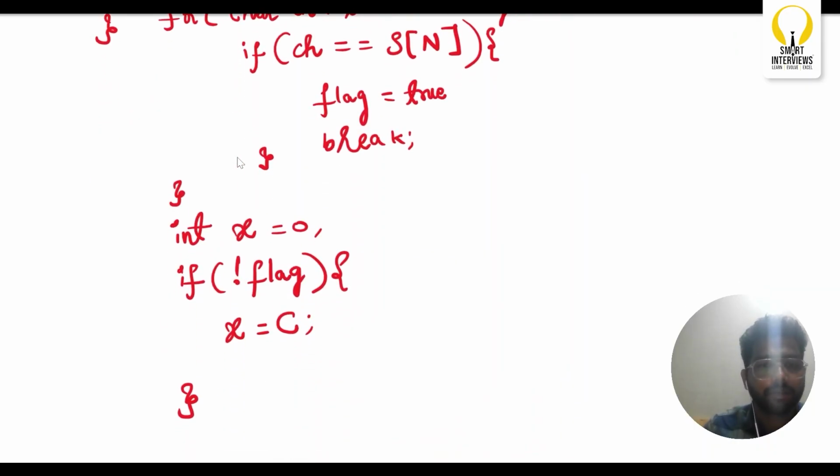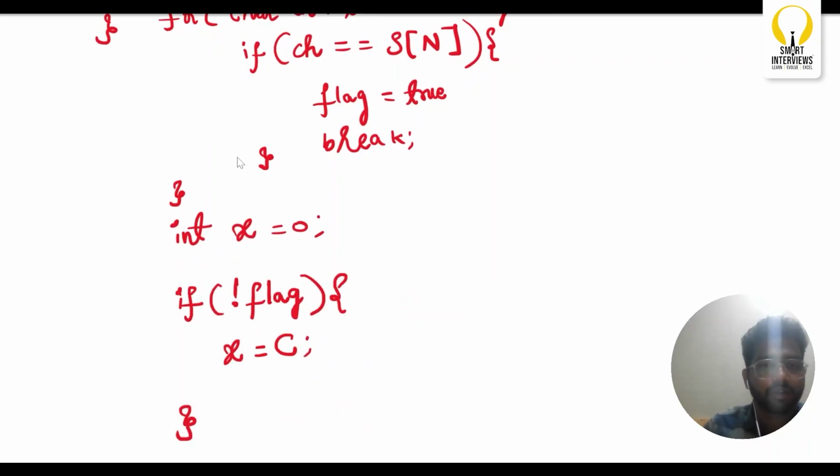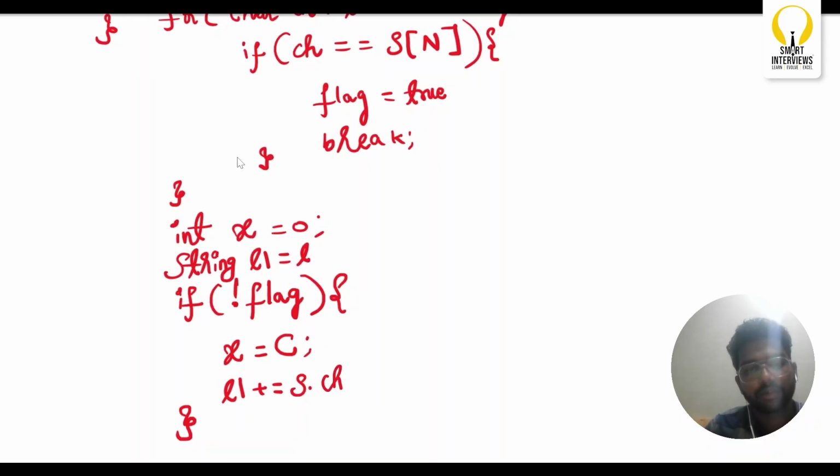Let's maintain a different string variable. I'll just copy it to the string variable. Let's say string L1 equals L, and L1 plus equals s dot charAt(n).